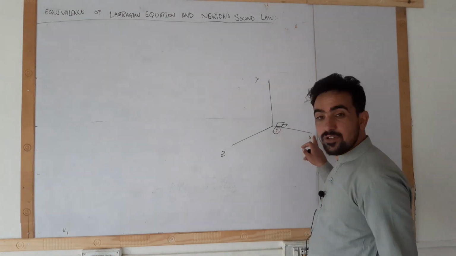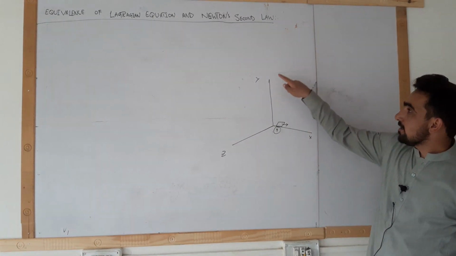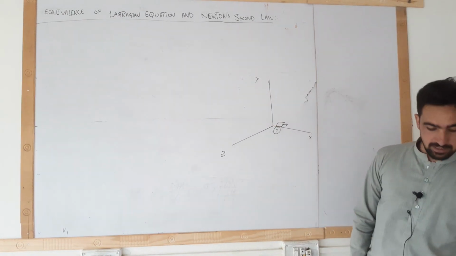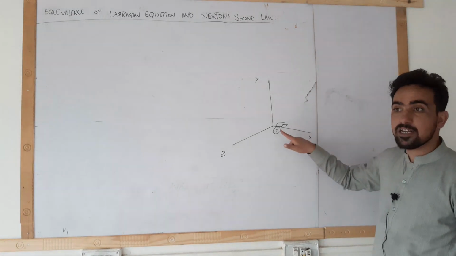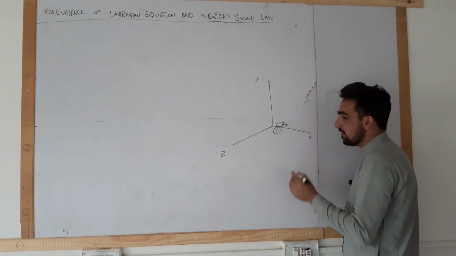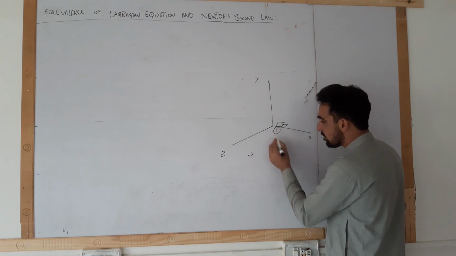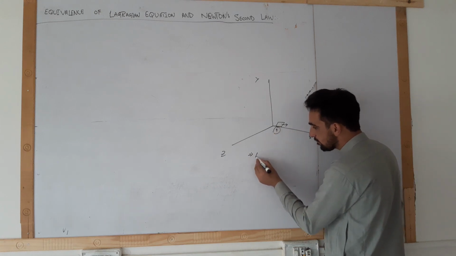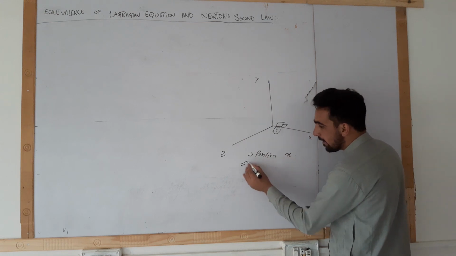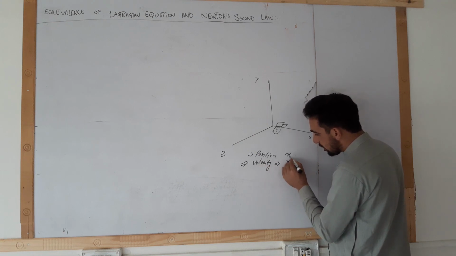As a body which is moving along x-axis, the motion of this body is restricted. This body is restricted to move along z-axis and y-axis. So the only possible way in which this body can absorb the energy is along x-axis. I'm just going to write the dynamics of this body. Let's say this body is at position x from origin and its velocity is x dot.